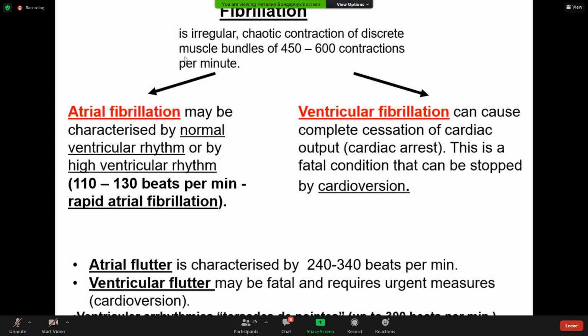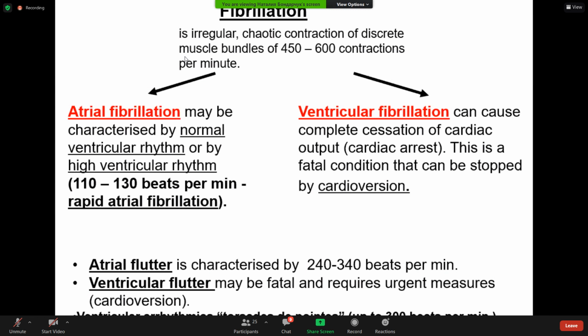Atrial fibrillation is not so dangerous for life. We can convert it to normal rhythm of contraction. Atrial fibrillation may be characterized by normal ventricular rhythm or by high ventricular rhythm up to 110 to 130 beats per minute. So it is called rapid atrial fibrillation.